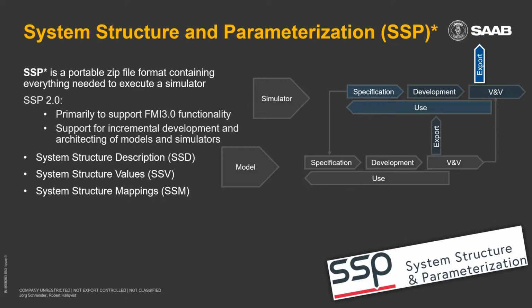The system structure values file format, which is a container for parameter values, and the system structure mappings format, which is a file format that allows you to have customization in the mapping between values and the model components.